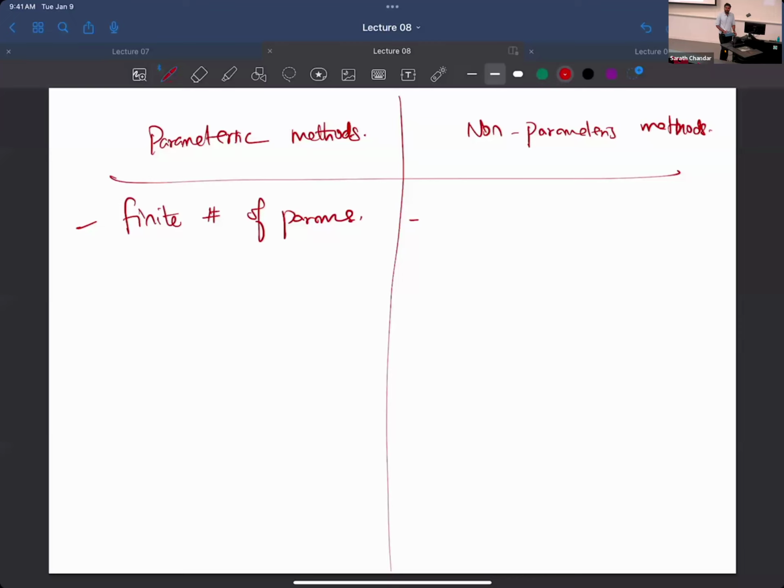Okay, so the word non-parametric method is confusing. It doesn't mean there are no parameters. It actually means there are an infinite number of parameters. Now, the best example is k-nearest neighbor. So in k-nearest neighbor, what are the parameters?